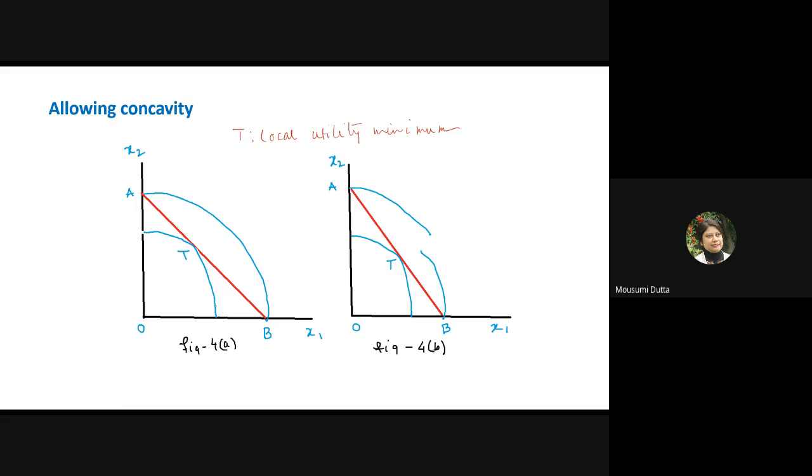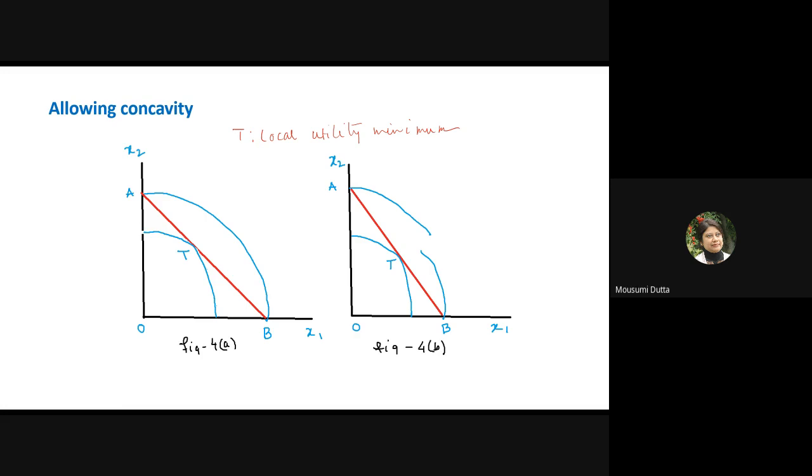In other words, T represents a local utility minimum. T indicates or represents a local utility minimum. Underline local utility minimum.